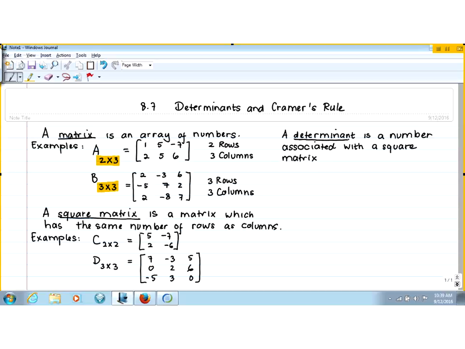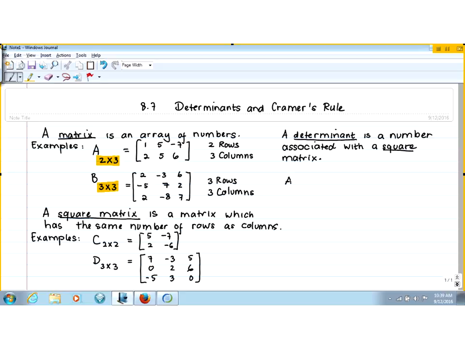Determinant is a number associated with a square matrix. Yeah. So now let's write down the determinant for a square matrix only. If the matrix is not square, then it doesn't have a determinant.